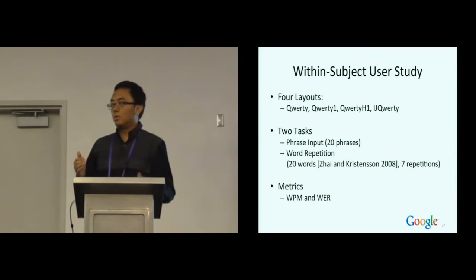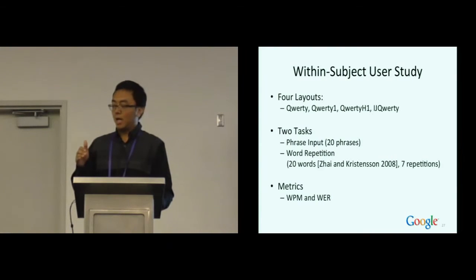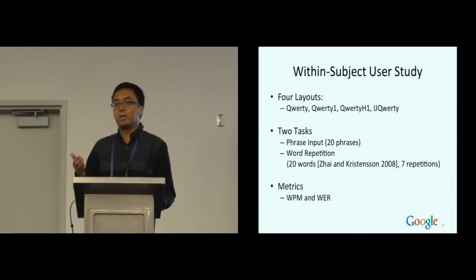We picked 20 representative words, and for each word, you enter it 7 times in a row. The purpose is that when you repeat the same word again and again, in the last few repetitions, you will reach the expert mode, and we'll see whether we observe any performance gain at this stage. And we look at the speed measured by words per minute and the word error rate.